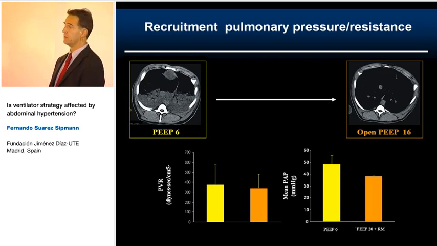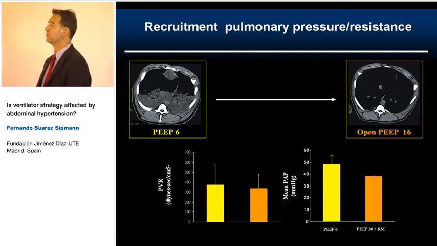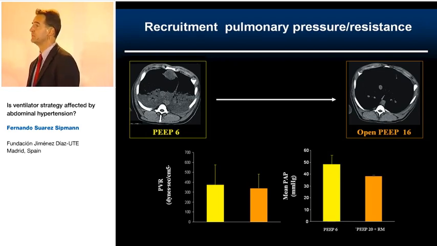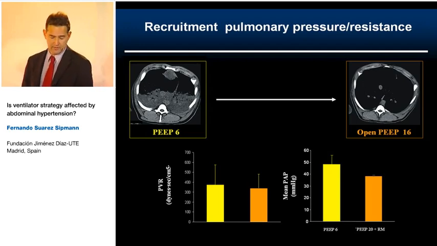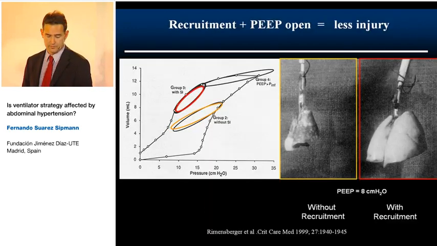So a recruited lung has a more homogeneous distribution of perfusion and ventilation, and is causing also beneficial effects in terms of oxygenation, inhibiting the hypoxic pulmonary vascular response. So recruitment is improving the hemodynamic situation of these animals.